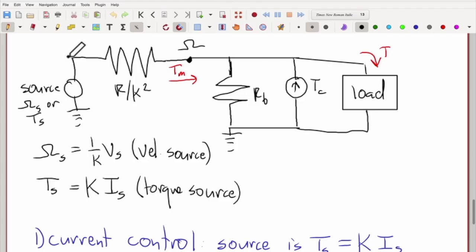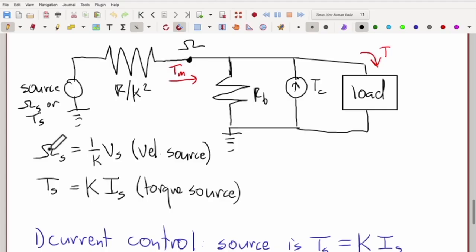So the downside of making your motor into an ideal torque source like this is that the power supply needed to do this ends up being somewhat complex, costly, and/or inefficient. So much more often you will be doing a much simpler control where this source is instead a velocity source, which is to say a voltage source, which is a cheaper type of power supply, turned into a velocity source through the transduction of the motor.